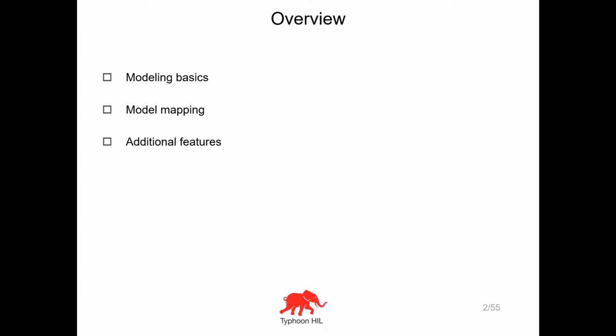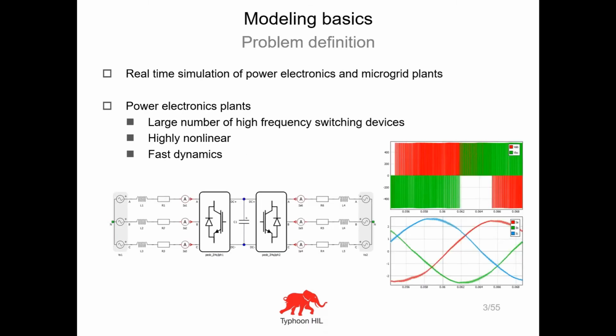We're going to move on to the processor architecture, and we're going to discuss how all of the components from the library are modeled to the processor. And lastly, we're going to discuss some additional features of the simulator, like switching losses, dead time violation detection, and digital input oversampling. So let's start with the basics.